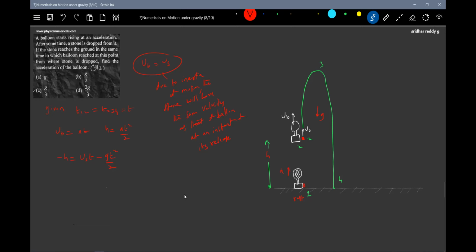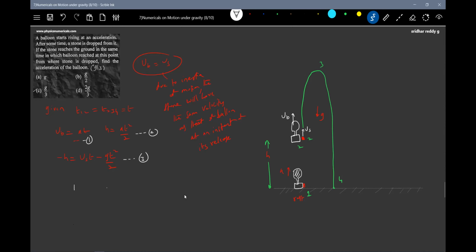Okay, we have h equals a t square by 2, where a is the acceleration of the balloon that is asked here, and US equals UB. So let me substitute all the things. I'll give numbers: 1, 2, 3.